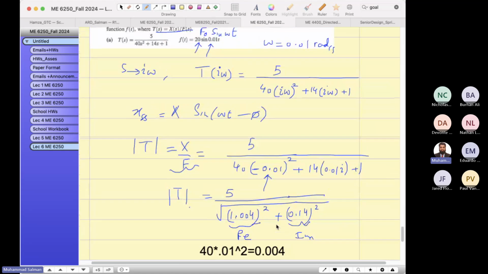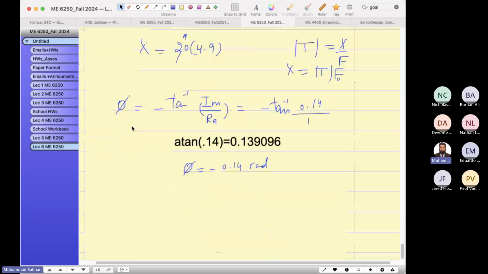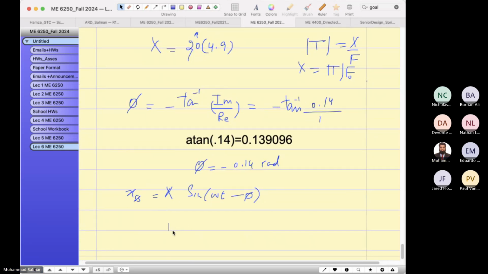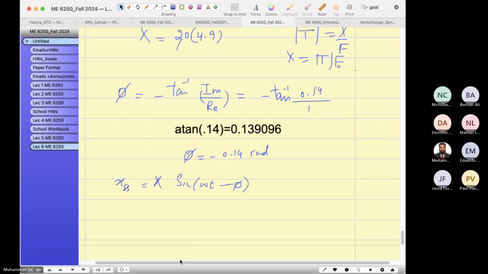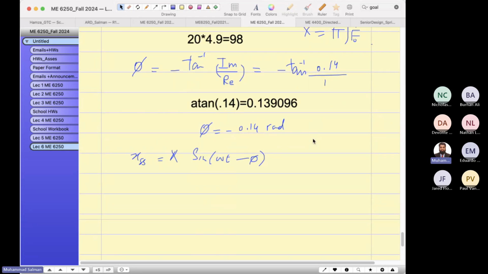Now let's pick up this formula. I want to use this formula to find out the final steady state displacement. So x was equal to 20 multiplied by 4.9, or 98.